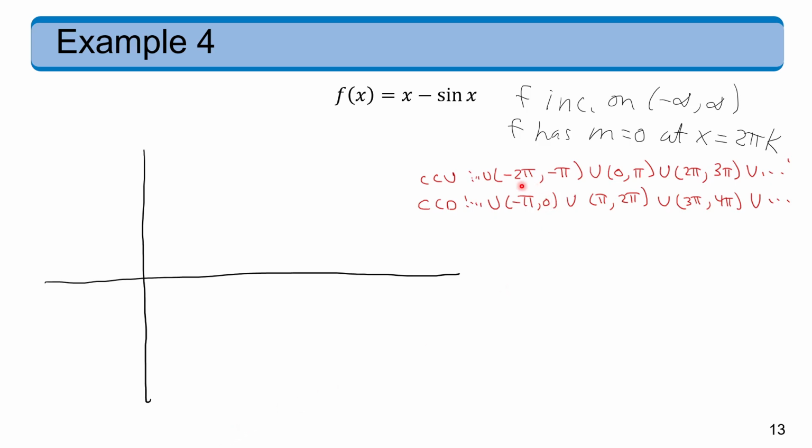Our intervals of increase and decrease, it's always increasing, so there's not much to do about that. Concavity, though, notice it changes at every multiple of pi. So we'll want to show several multiples of pi so we can see those changes. So I'm going to mark off pi, 2 pi, 3 pi, 4 pi, and then we'll have some negative.